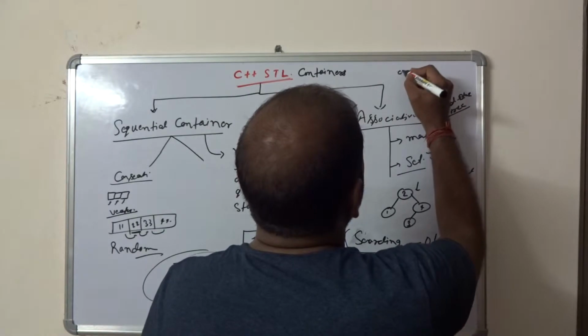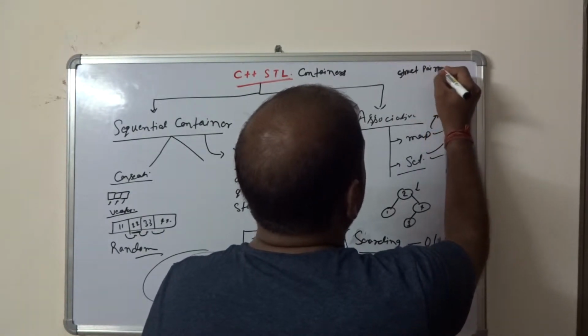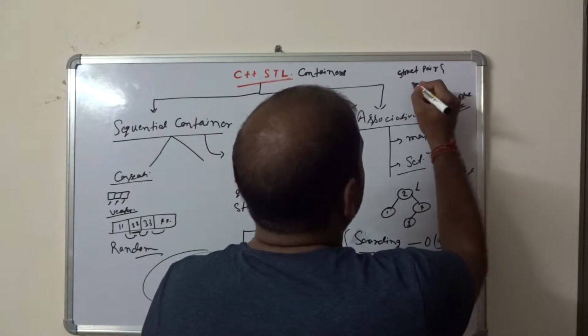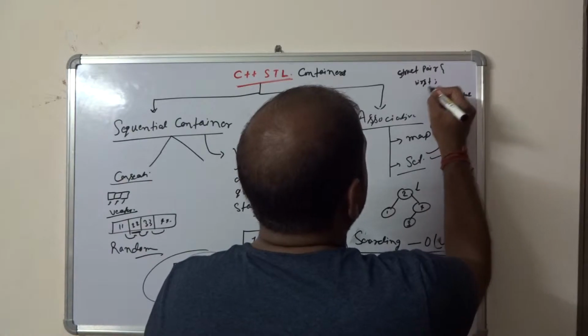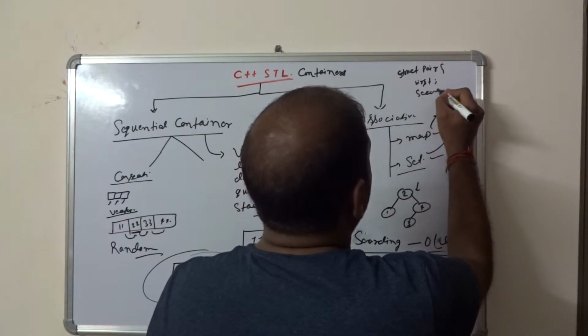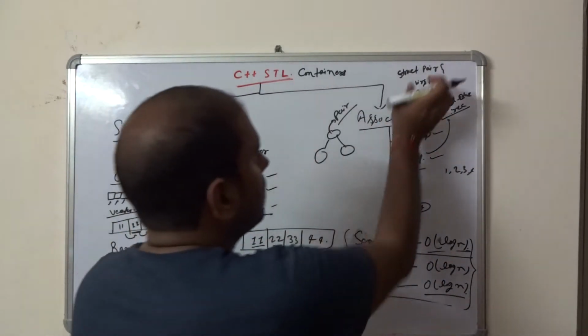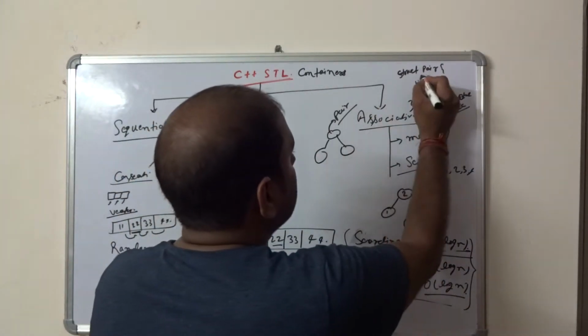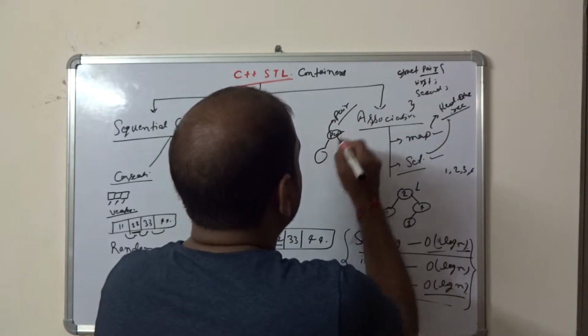Pair is something like a struct. The definition of pair is like this: struct pair, and the elements are first and then second. It has only two elements, first and second. So this pair is the node. It is in the node. Here is a pair, this is also a pair.